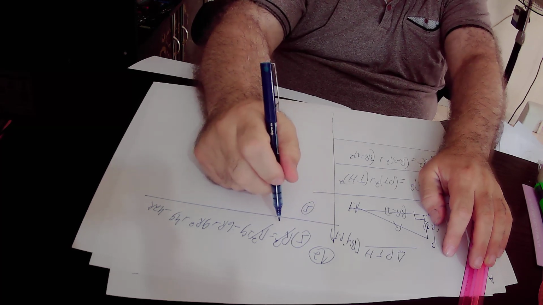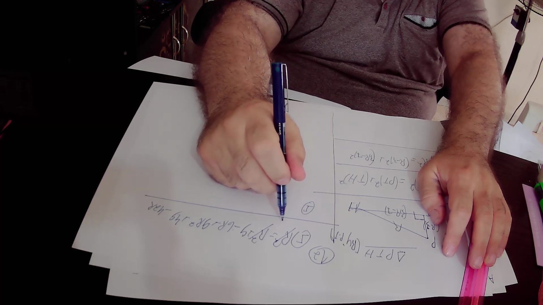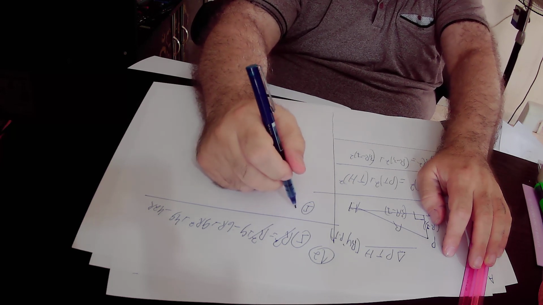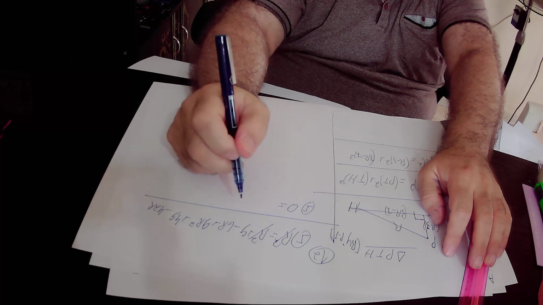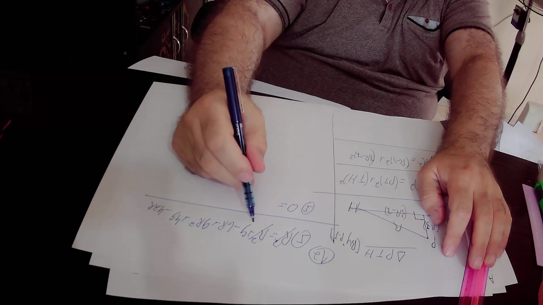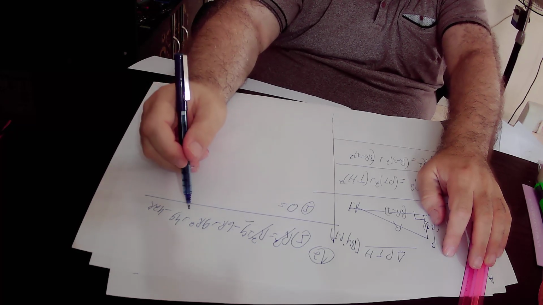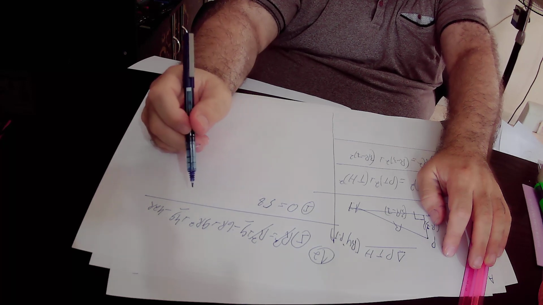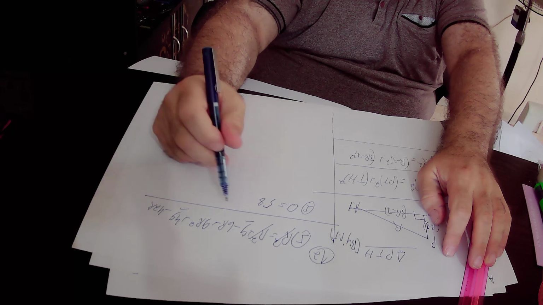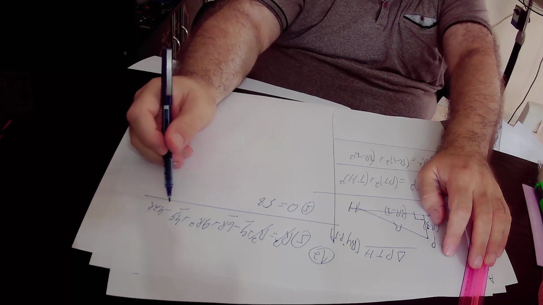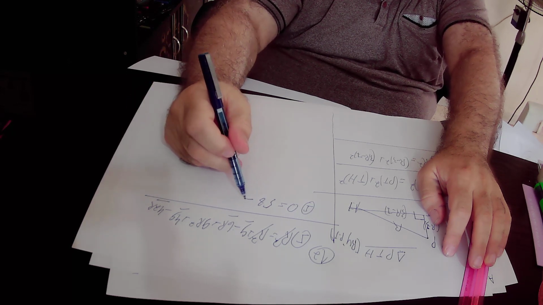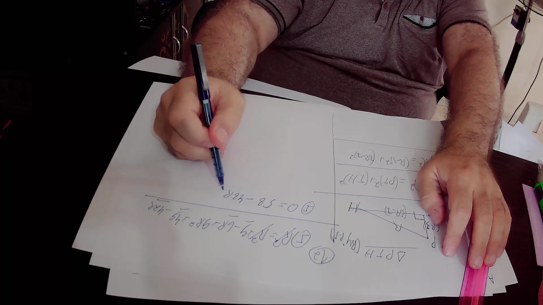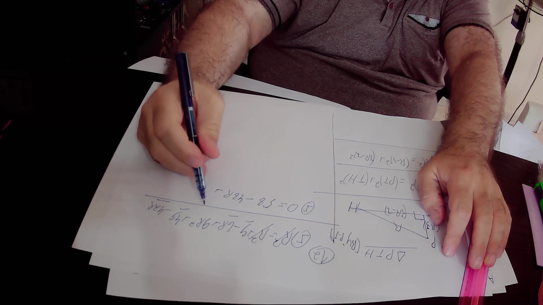So what is left from equation number 1 after we cancelled R squared? On this side of the equation, nothing is left. We have 0. That is equal to, here we have 9 plus 49 is 58. And we have minus 6R minus 42R is minus 48R plus 9R squared.